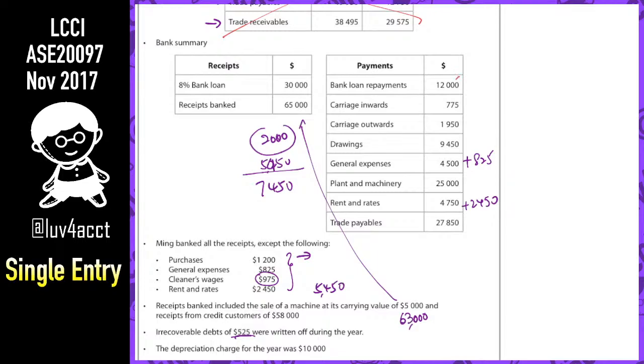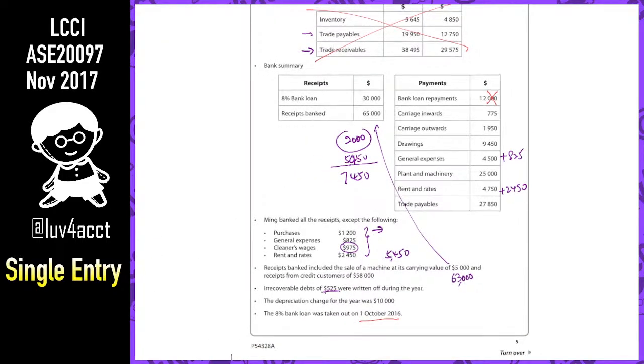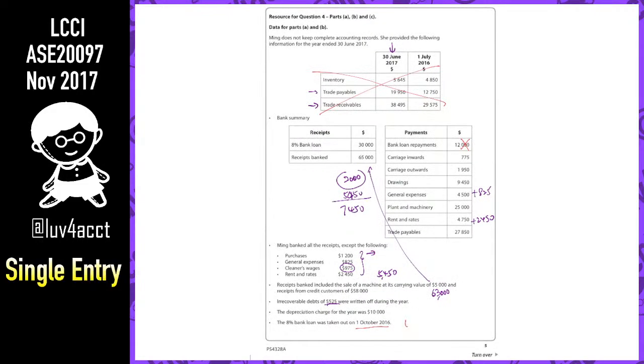That means we don't have to deal with this, but how many months is it? Our year start is 1st of January, so October, November, December, and then from January to June, that is 9 months of interest.